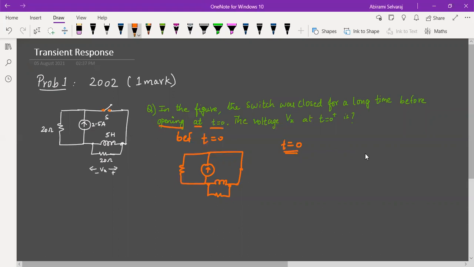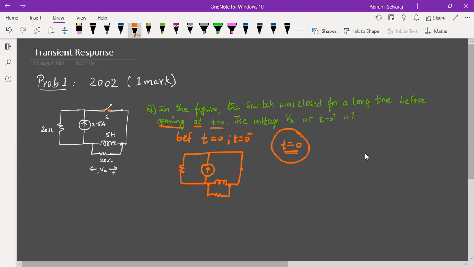Whenever we are doing transient problems, it's always important for us to look at t equal to 0 minus, t equal to 0, and t equal to 0 plus for solving the problems. Before t equal to 0 is what I call t equal to 0 minus. That means just before what happens at t equal to 0.